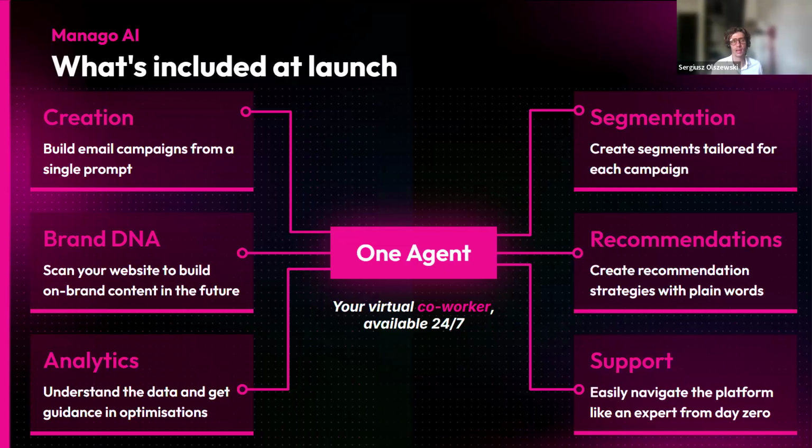Before we head there, I just wanted to mention that the AI agent is also capable of supporting you in using the Manago AI platform. So if you have a channel in your license that you're currently not using, let's say web push, and you want to start using this channel, you can use the AI agent to guide you through the setup.